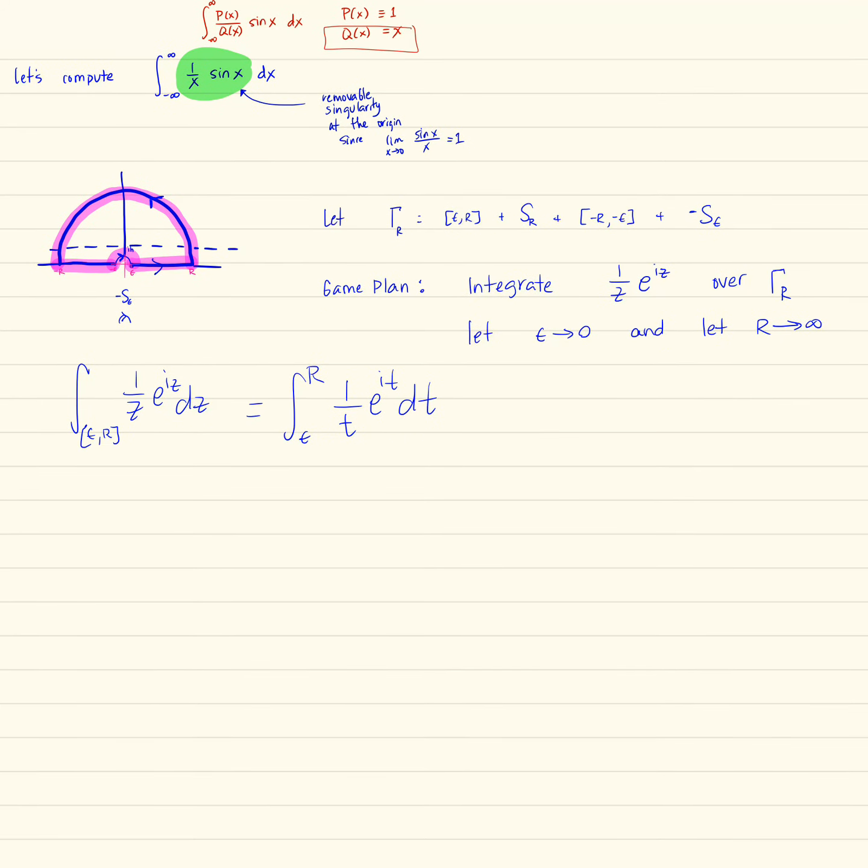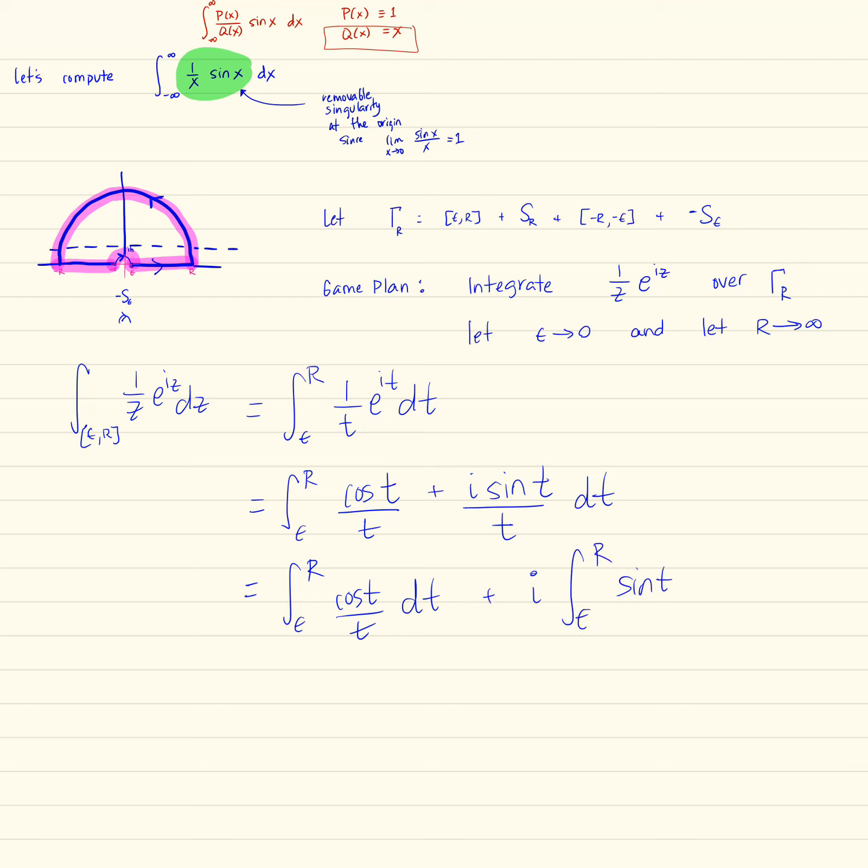What is this going to be? This is going to be the integral from epsilon to r of cosine t plus i sine t over t dt, right? So we're going to have the integral from epsilon to r of cosine t over t dt, plus i times the integral from epsilon to r of sine t over t dt.